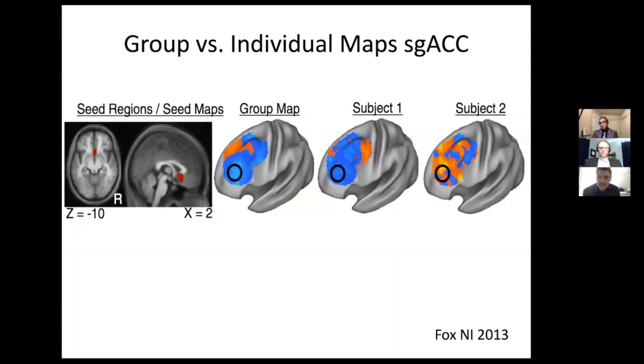But when you try to apply that to another individual subject, you might actually be hitting the circuit, pointing it in a direction that's the opposite of what you intended. So that's re-emphasizing the importance of having actual data from each individual and using that as a guide for how you might apply stimulation.